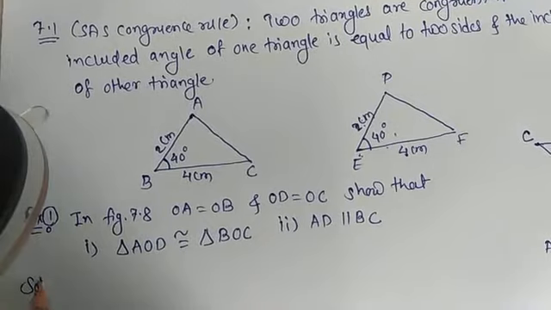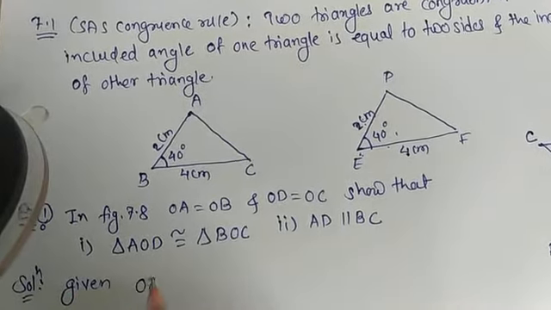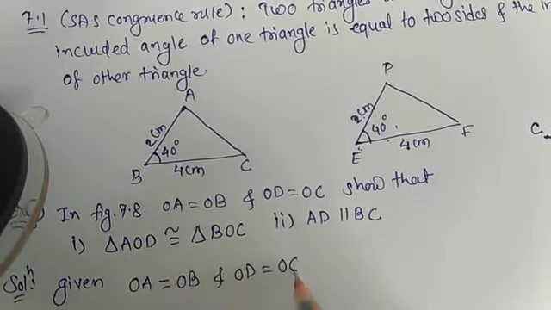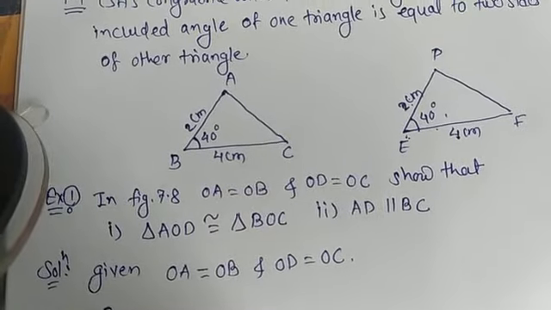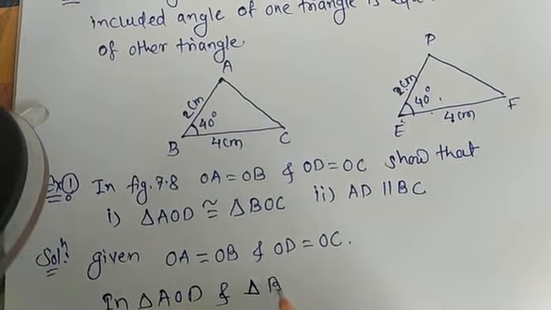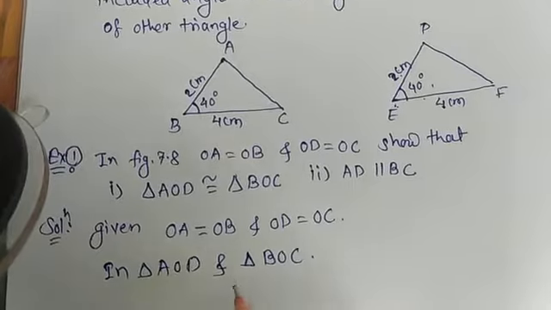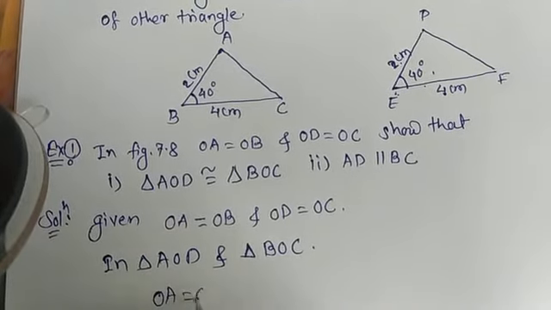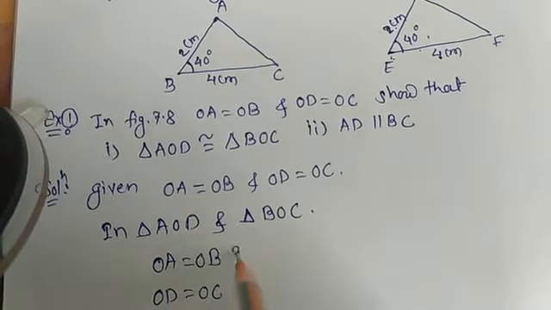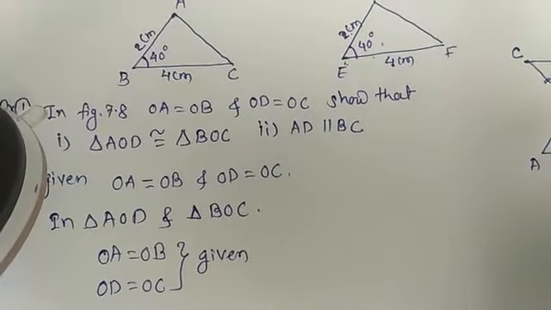Now in the solution we may write, first the given part: OA is equal to OB and OD is equal to OC. Now in triangle AOD and triangle BOC we have to prove the first part. In these two triangles, OA is equal to OB and OD is equal to OC, which is given. Now we have to check the angles.